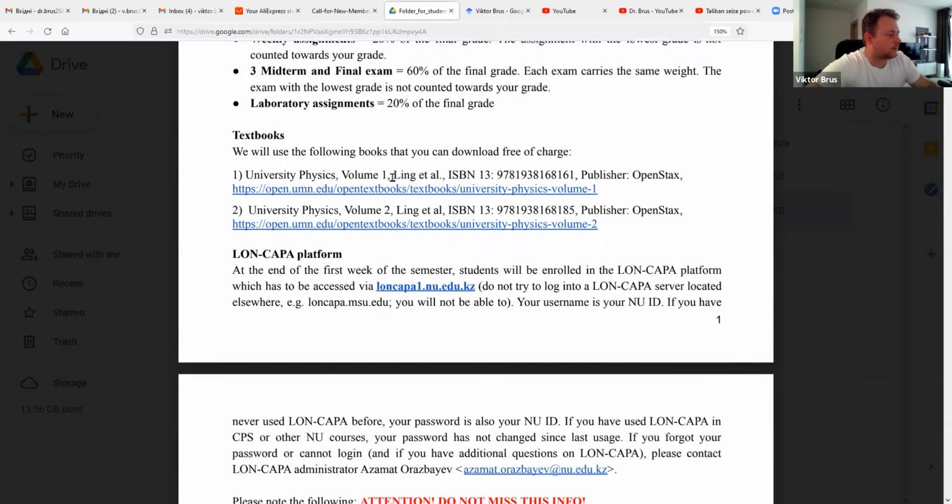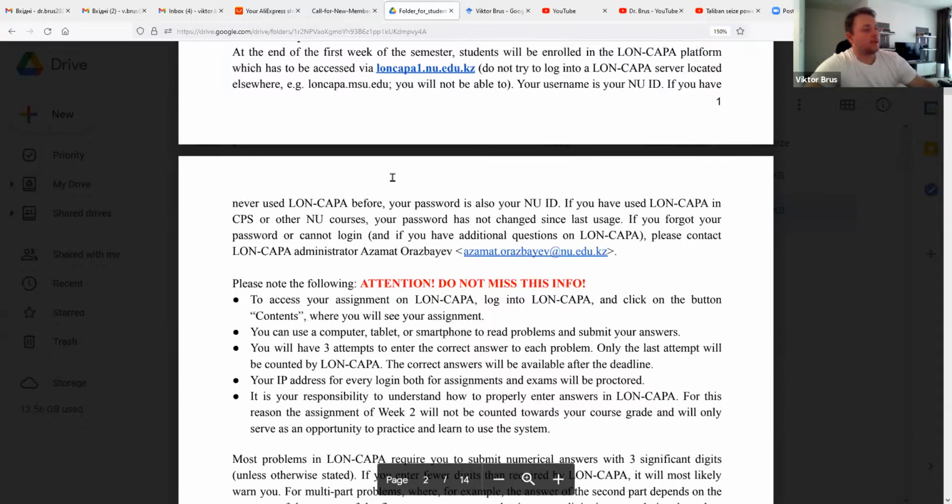Let's see what else we need to discuss. If you have questions and want to send an email regarding the course, a midterm exam, or, for instance, an appeal for a particular problem which you believe is not correct in LongCAPA, please send your emails only to the instructors of your section.